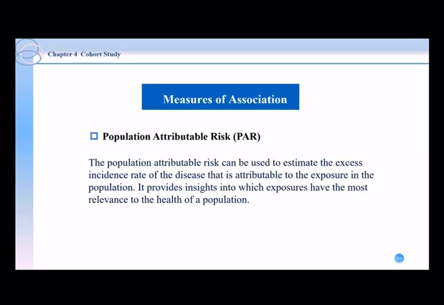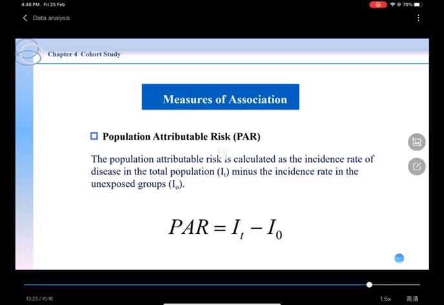And very similar, we have this population attributable risk, and later on we will mention the population attributable risk percent. So this PAR, or population attributable risk, can be used to estimate the incidence rate of the disease that is attributable to the exposure in that population. So it can provide insight into which exposures have the most relevance to the health of a population. And let's look at the formula.